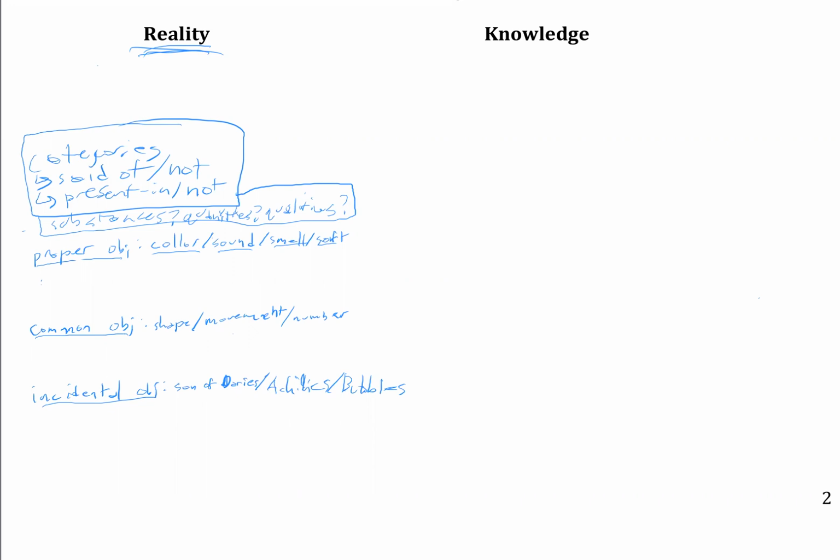You might want to pause your video here. Well, maybe I won't spoil it. Maybe I will leave this as a question for your reflection that we can talk about together when we meet in person. So thinking back to the categories and the distinction between said of, not said of, present in, not present in, substances, quantities, qualities, where do the proper objects of sense fall? Where do the common objects of sense fall? Where do the incidental objects of sense fall?